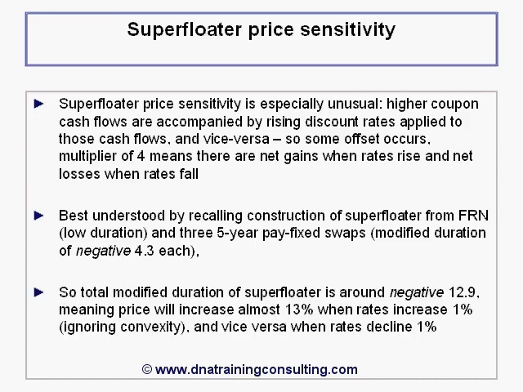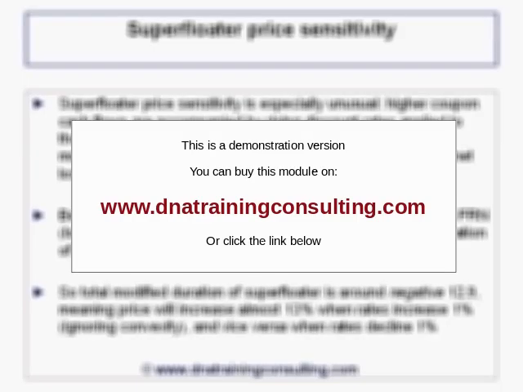Ignoring convexity and assuming that the modified duration is indeed around 4.3, we would therefore expect a price gain on the superfloater of some 13% when rates increase by 1%, and of course the reverse, again if we ignore convexity, when rates fall by 1%.